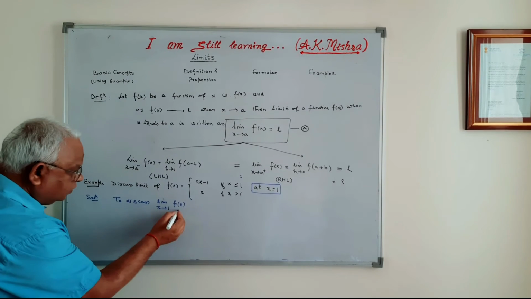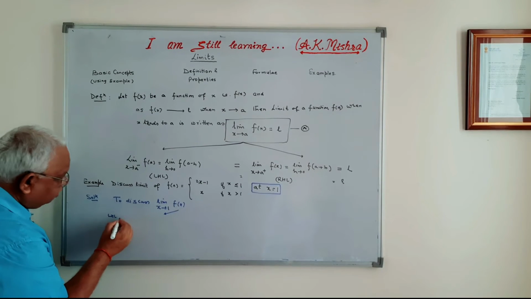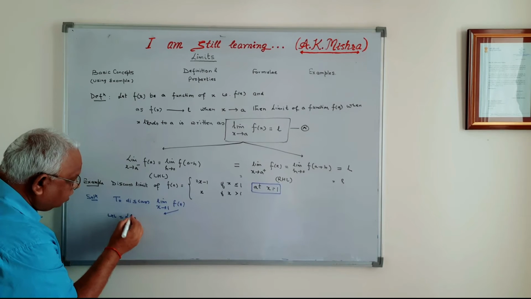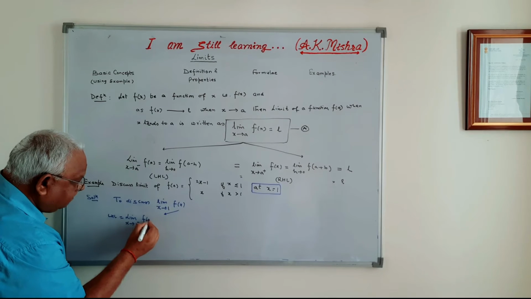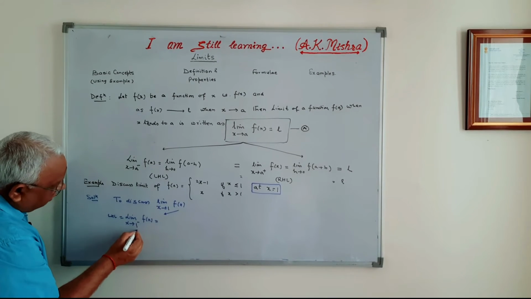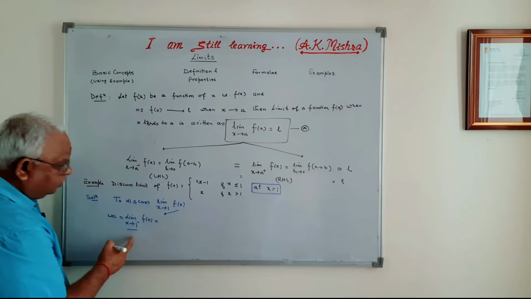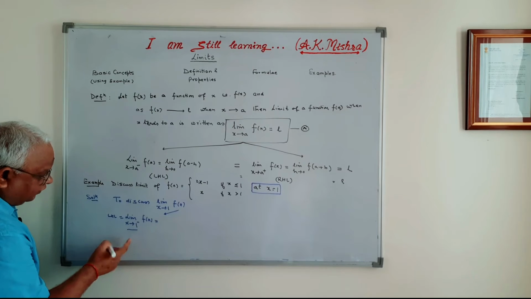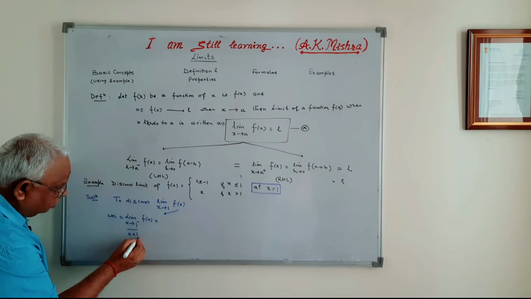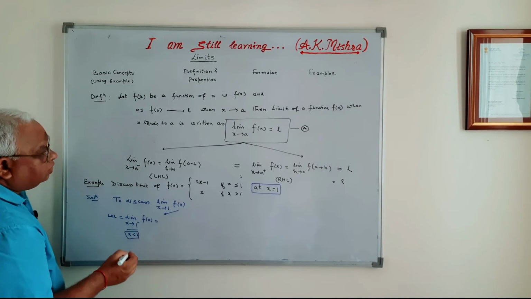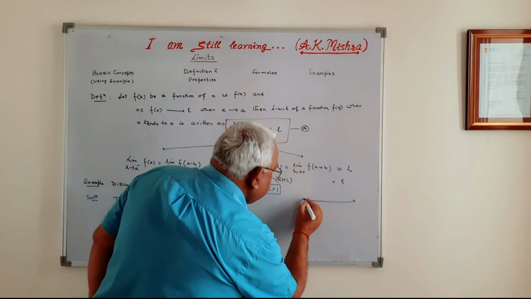That means I need to discuss left hand limit, that is equal to limit x tending to 1 minus f(x). Many students have problem in understanding this. So I will explain what is the meaning of this. You can understand this by simply drawing a number line.